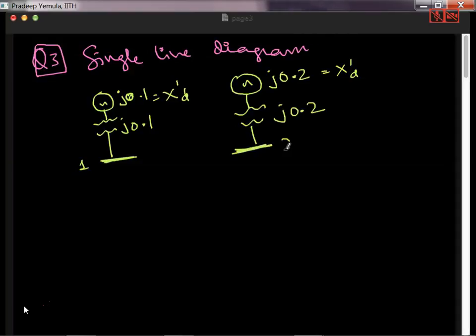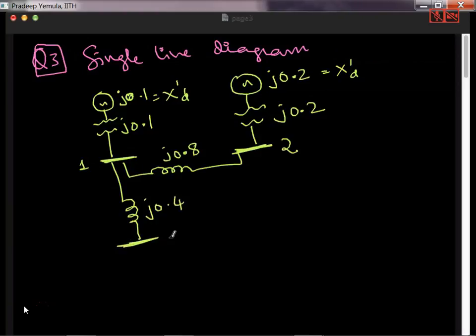Then there is bus 2, and between bus 1 and 2 I have an impedance of j0.8, and between bus 1 and 3 I have an impedance of j0.4. This is bus 3, and between bus 3 and 2 also I have an impedance of j0.4. So this is the network diagram given to you.